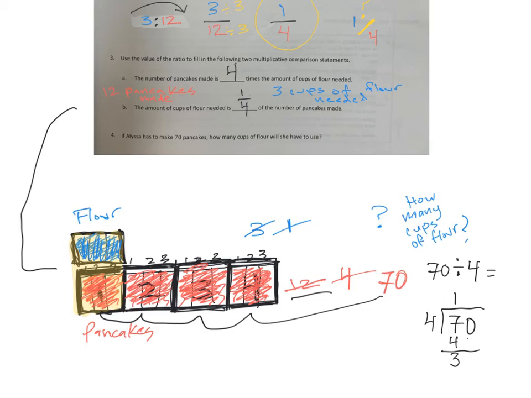We're going to bring down the 0, because 4 can't go into 3. And we're going to see how many times does 4 go into 30? 4 will go into 30, excuse me, 7 times, and that will equal 28, okay?